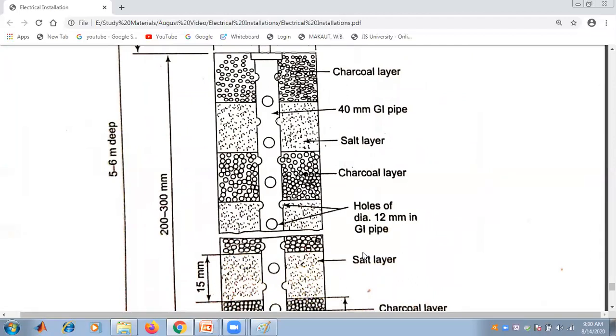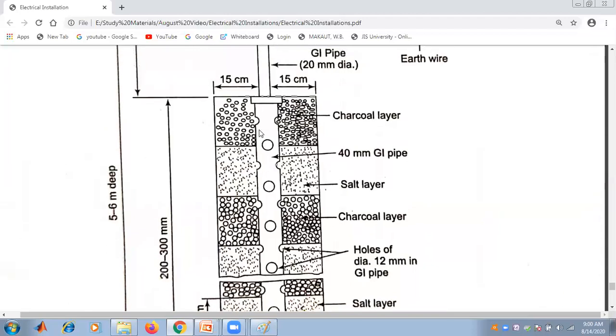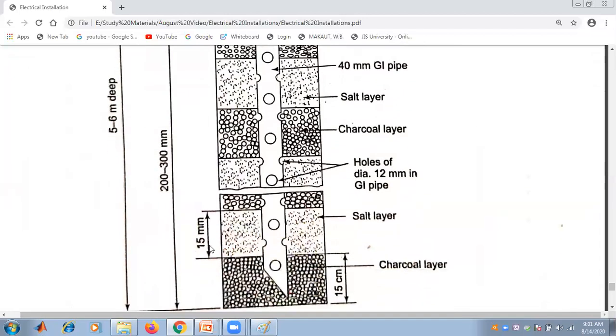And that is the alternate. This is the 40 millimeter GI pipe that I have told, and this is the charcoal and salt layer having a height of 15 centimeter for each layer.